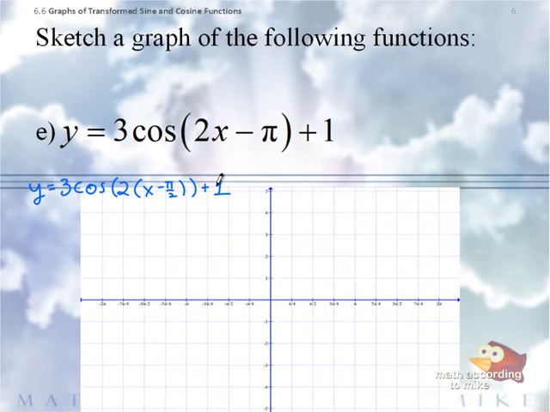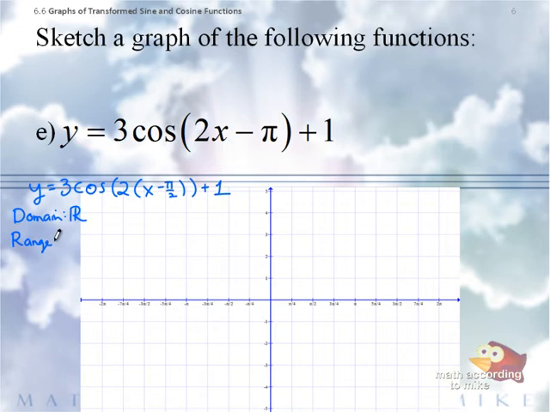So before we graph this thing, let's talk about its properties. Firstly, the domain. This one's nice. What's the domain of sine and cosine? No matter what the transformation, all reals. How about the range?